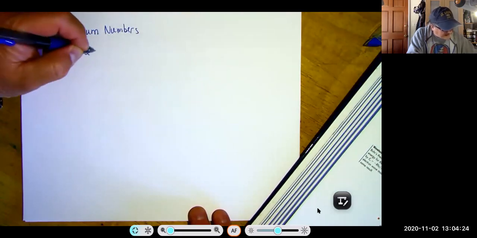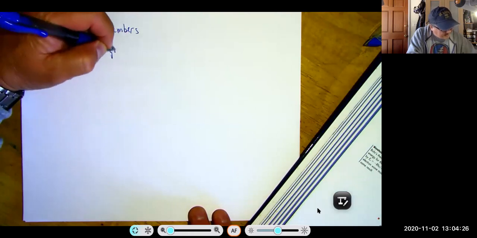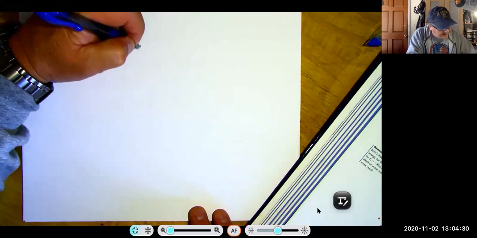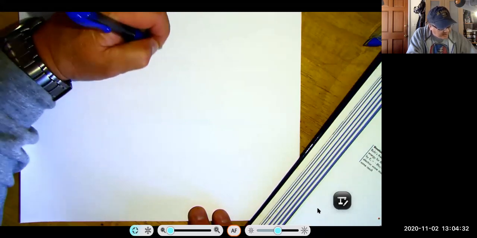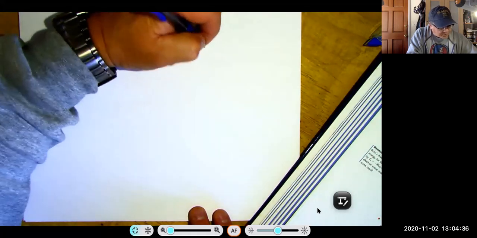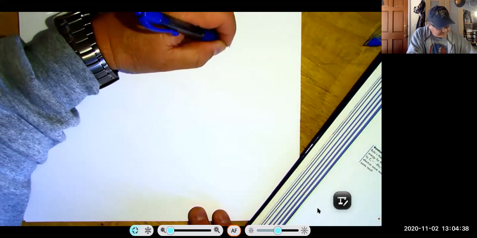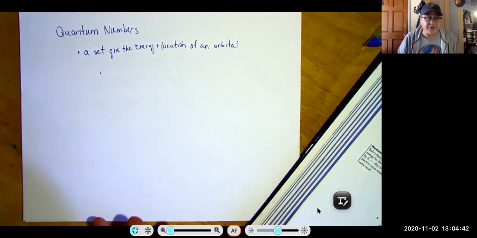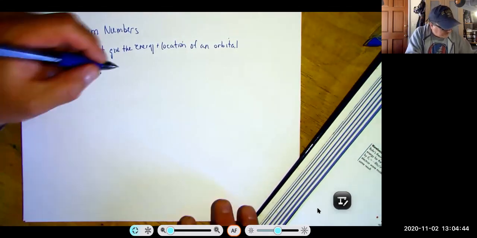A set gives the energy and location of an orbital. And what is an orbital? An orbital is a region of space where you're likely to find the electron.